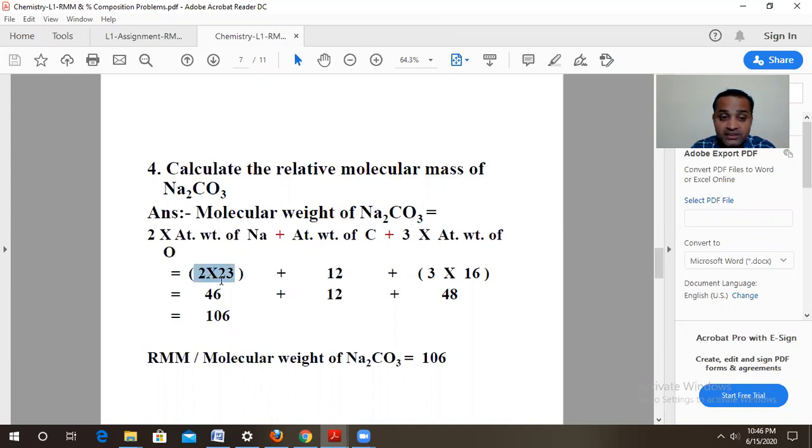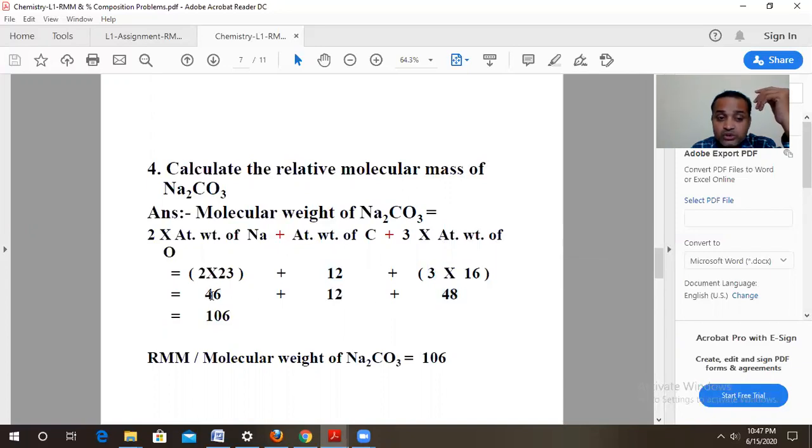So 2 into 23, as there are 2 sodium atoms, dear friends. Carbon, we know there is only 1 carbon, and the weight of 1 carbon atom is 12. Plus 3 oxygen atoms, so 3 into 16, that is 48.